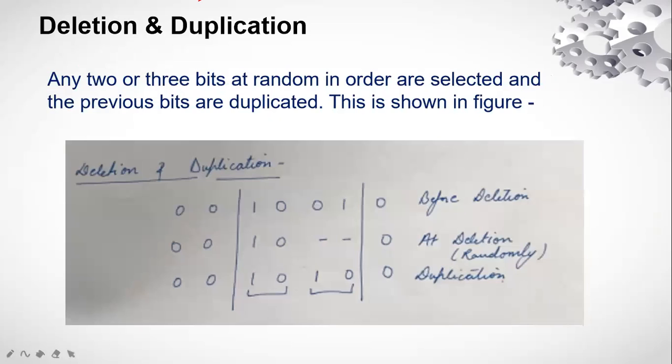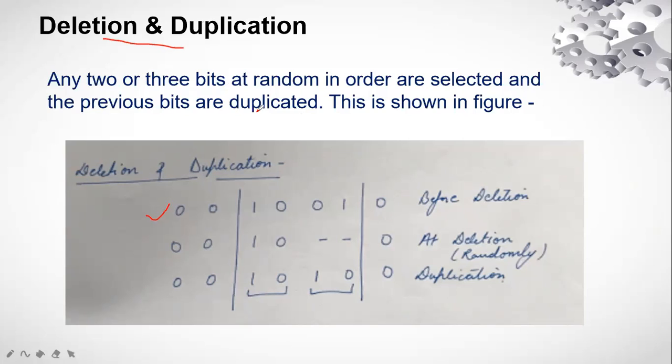Moving on, next we talk about deletion and duplication. Here again we are going to select two random sites. Let's say this is the string of chromosomes we have: 0, 0, 1, 0, 0, 1, 0.